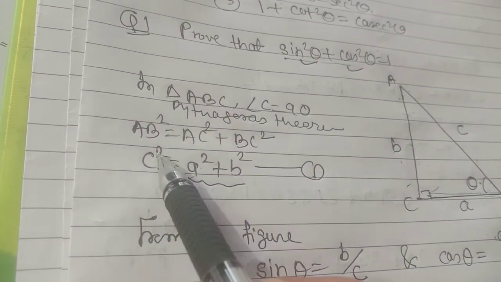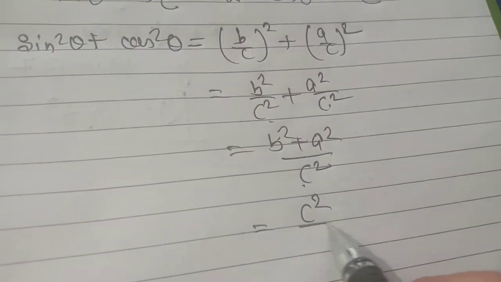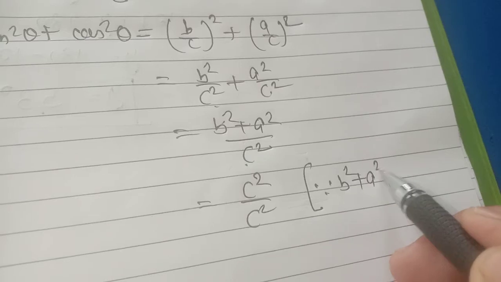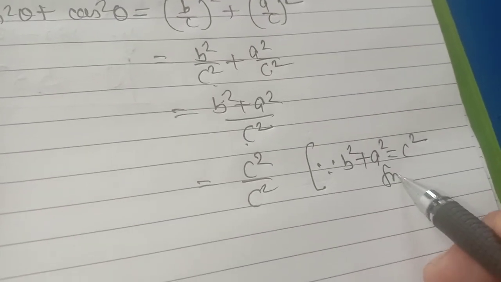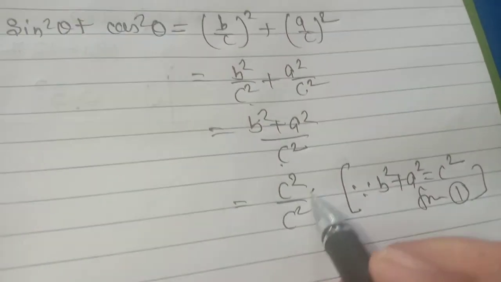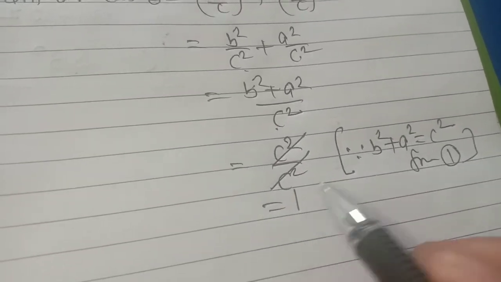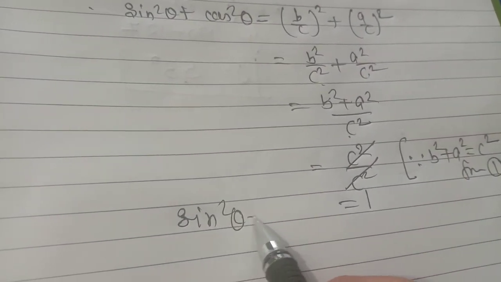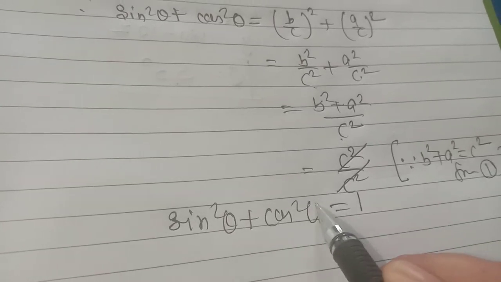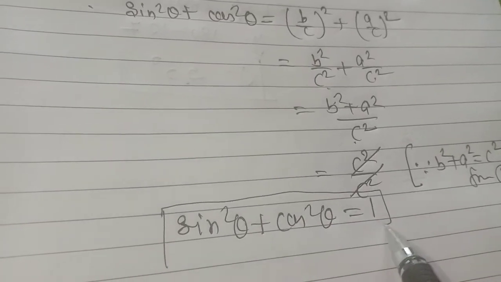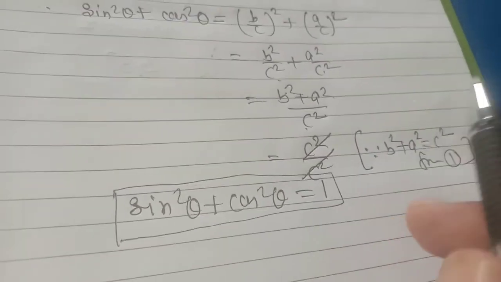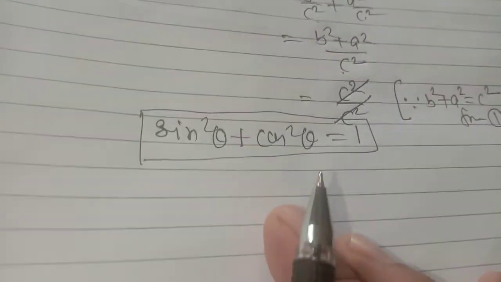The value of b square plus a square is what? c square. So I will write here c square upon c square. Why? Since b square plus a square is equal to c square from 1. Okay. So I can cancel c square, I will get 1. So this is our first requirement. Sin square theta plus cos square theta is equal to 1. Clear? It is proved.